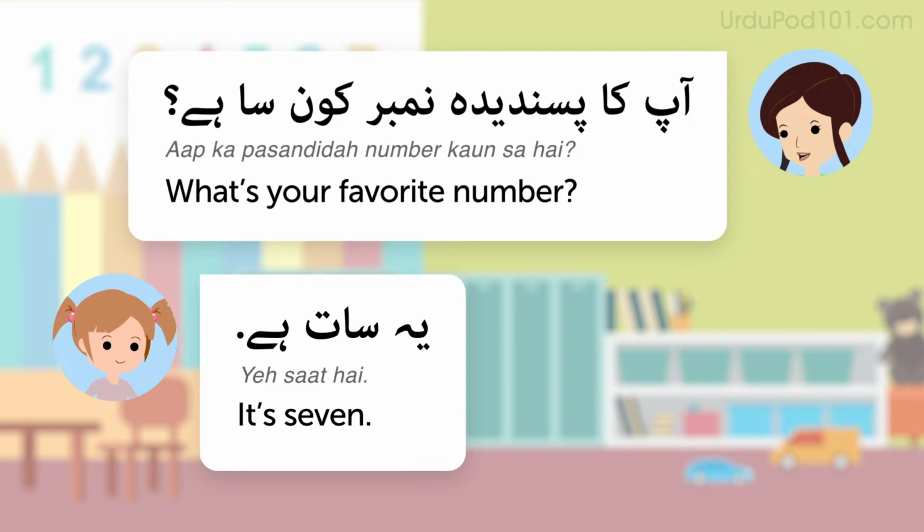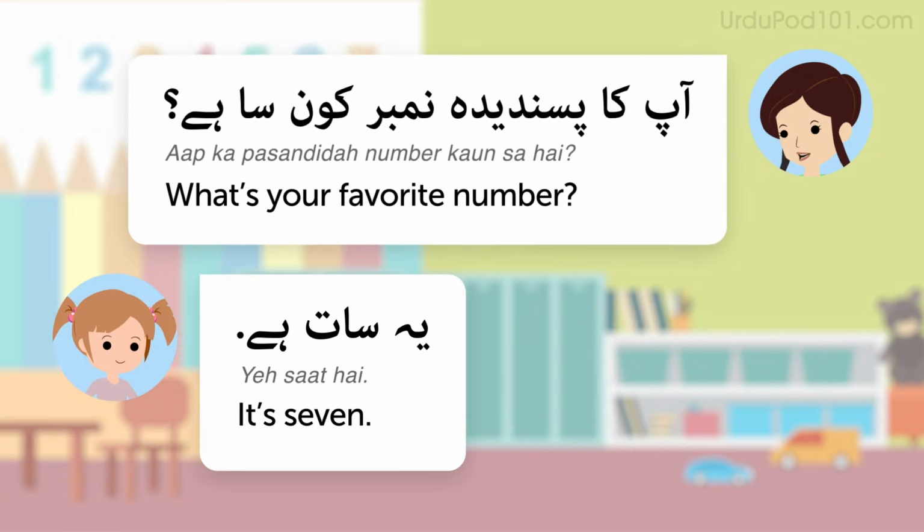First of all, you'll need to learn how to say, what's your favorite number? That's आपका पसंदीदा नंबर कौन सा है? Listen to it again. Now, how do you answer this question?